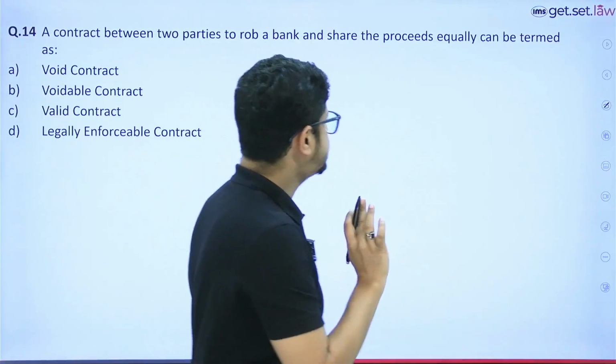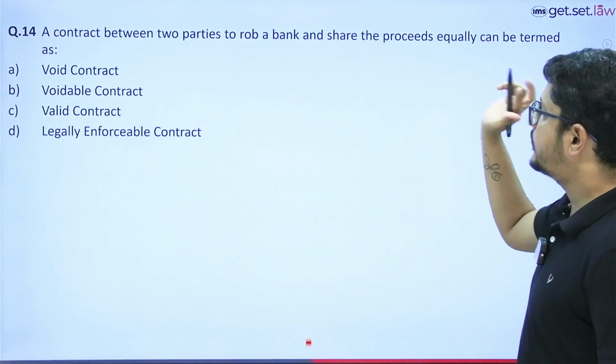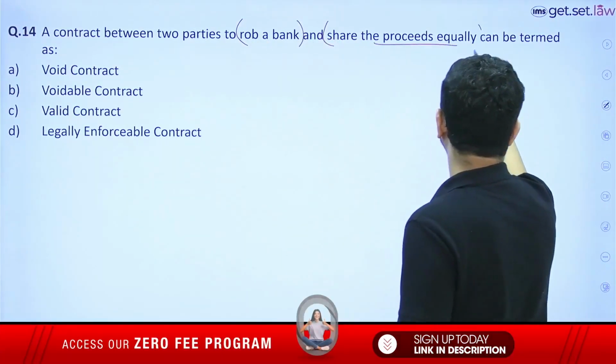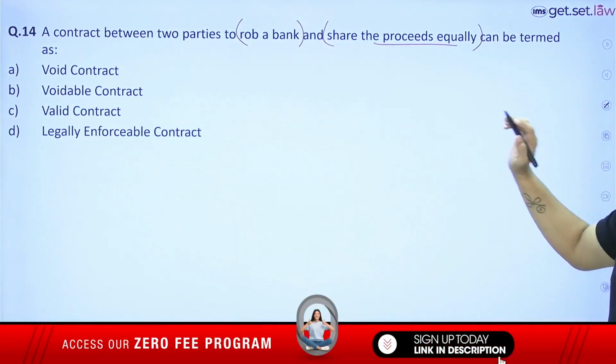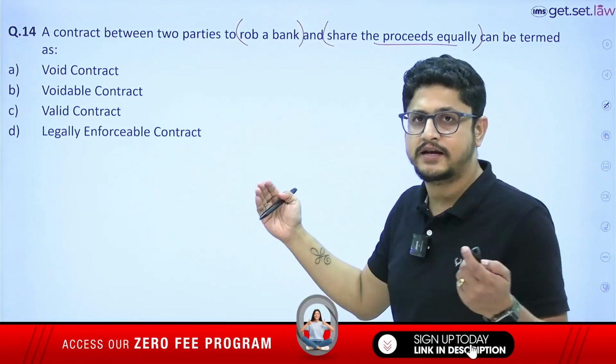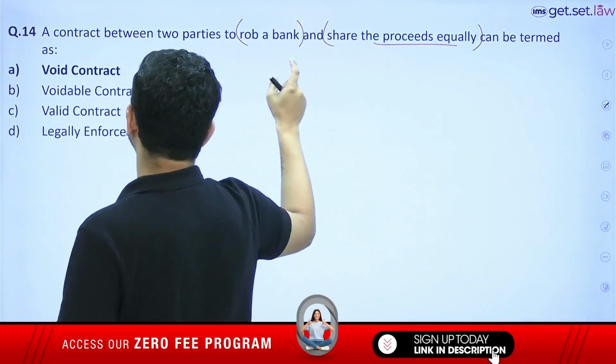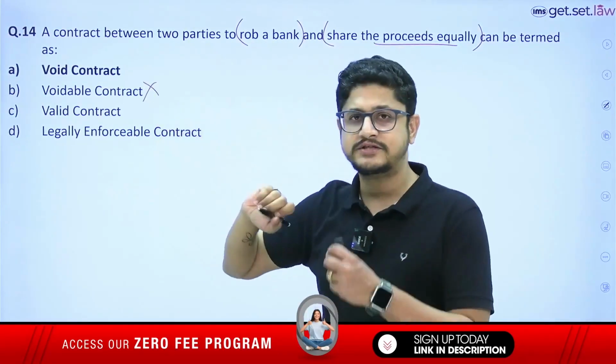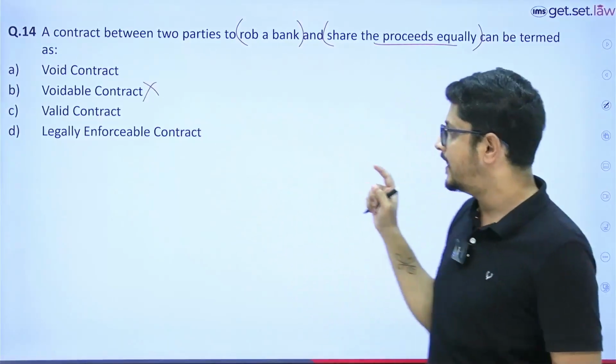Very easy. Next we move towards a contract between two parties to rob a bank and share the proceeds equally. What can it be termed as? Now this has some illegal intent, an illegal element. So the correct answer would be a void contract, because it is not voidable: from the beginning the element is an illegal part.